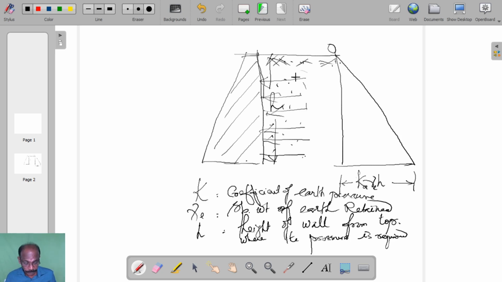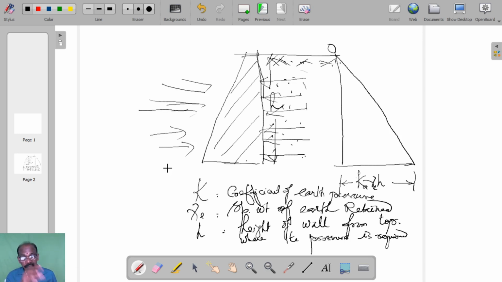What is meant by passive earth pressure? Passive earth pressure is nothing but this: whatever it may be, this pressure is more than that of the earth pressure. Here some pressure is there, some earth is there, or water is there, or some atmospheric pressure is there, whatever it may be.